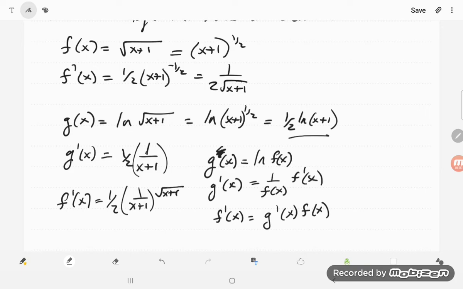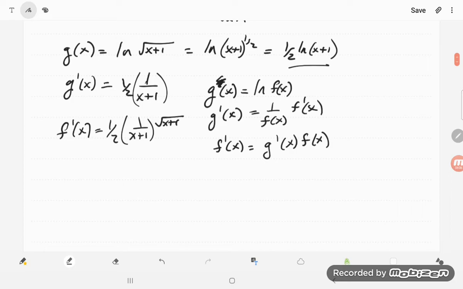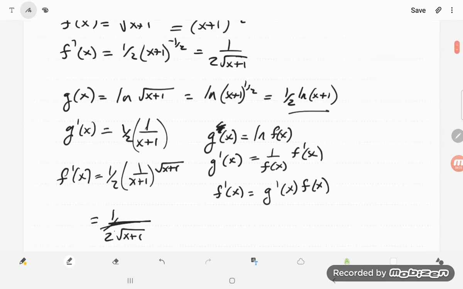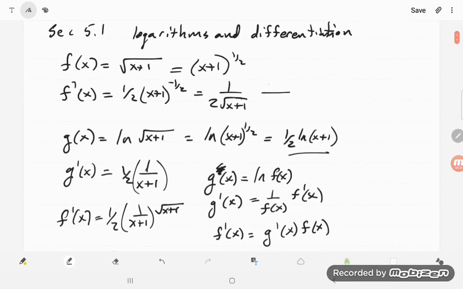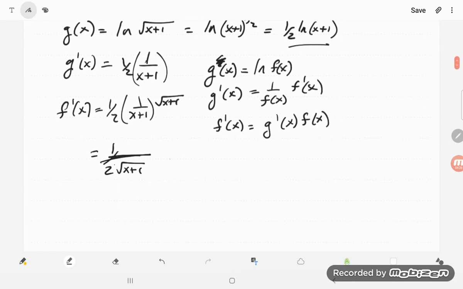But then with my algebra, I know this is just 1/2 times the square root of x plus 1. Same answer. If we look back up here, there was our answer, and there's our answer. So with these properties of logarithms, I can get at derivatives in slightly different ways. Here, I don't know that it gained me a whole lot.